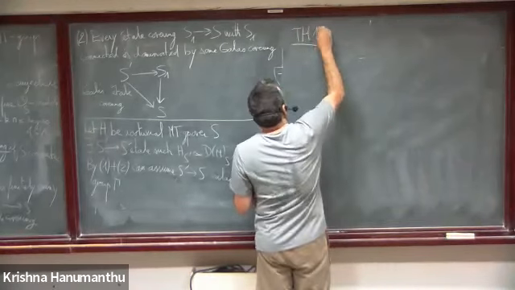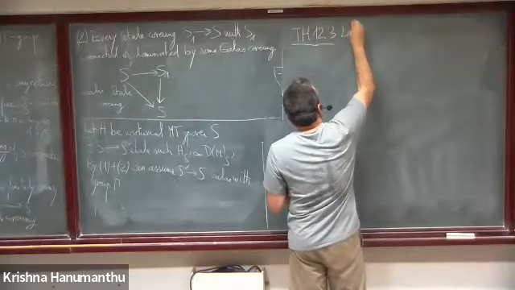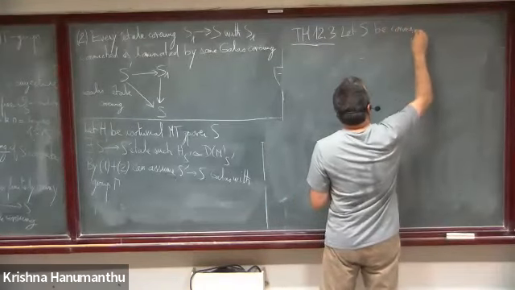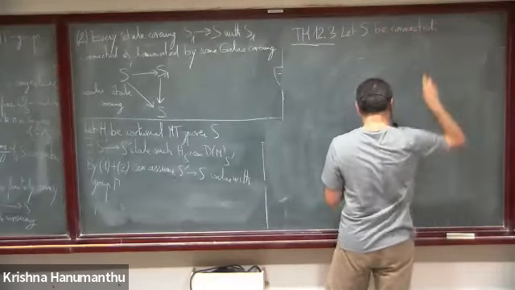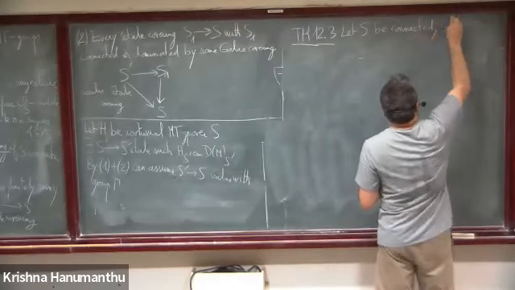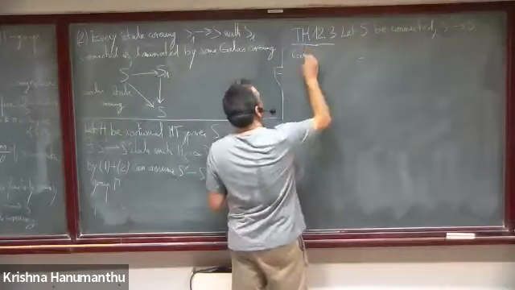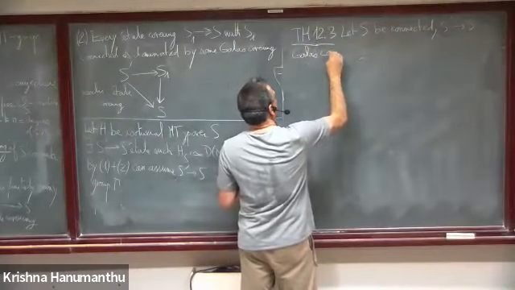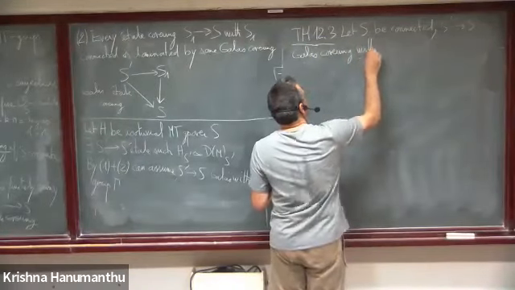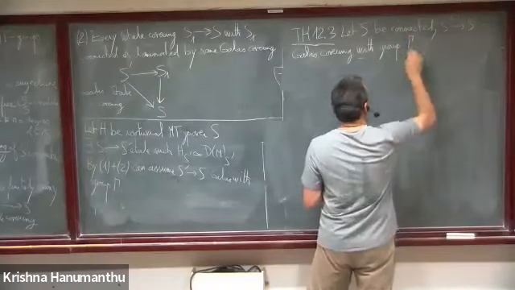This is theorem 12.3. Let S be connected, and S prime to S a Galois cover with group gamma.